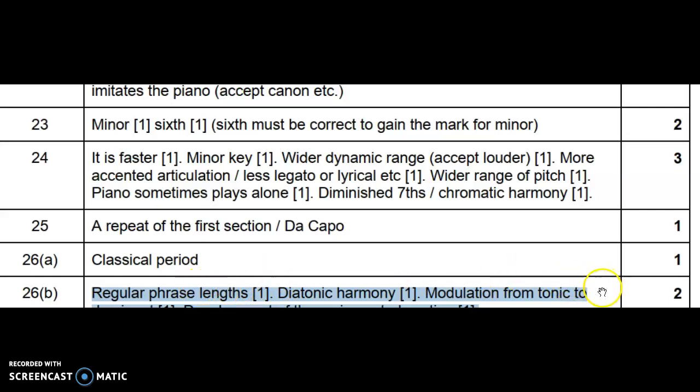It goes faster there. It's in a minor key, wider dynamic range. Okay, you hear more accented articulation, wider range of pitch. Piano sometimes plays alone, and a diminished seventh chromatic harmony.